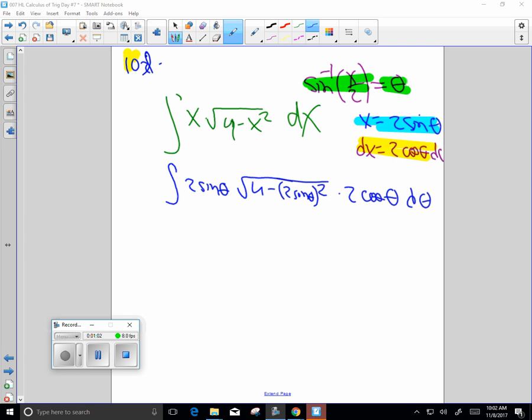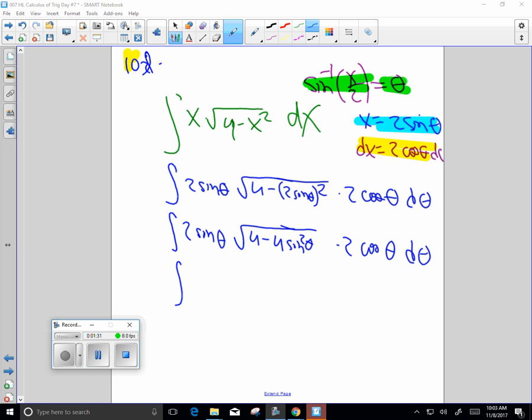Now you're going to see where the 8 comes from. Oh, interesting. Well, hang in there. So we've got a 2 sine theta square root of 4 minus 4 sine squared theta times 2 cosine theta d theta. Could I take a 4 out of here?